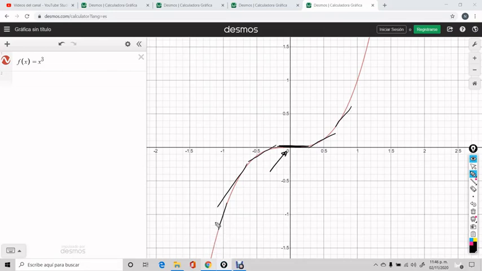The function is increasing very quickly first, and then slowly, slowly. It barely moves at this point, and then it halts. It stops increasing, and after 0, we get increasing again, and then quicker and quicker.